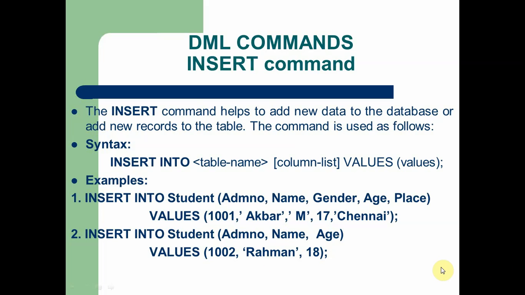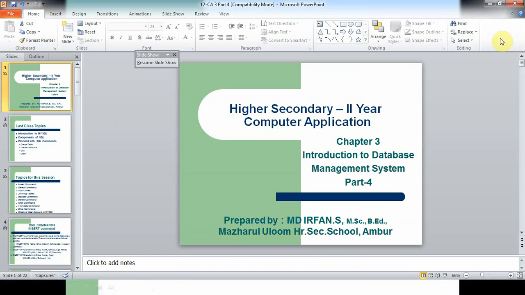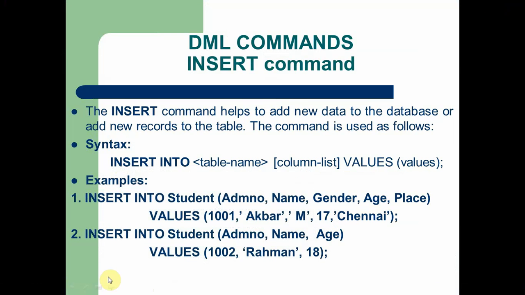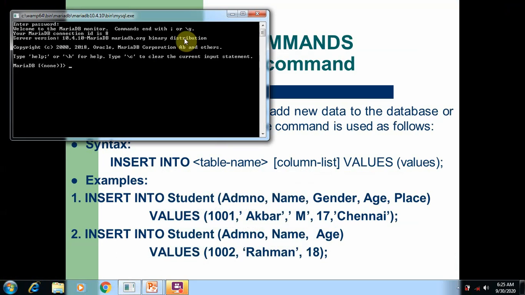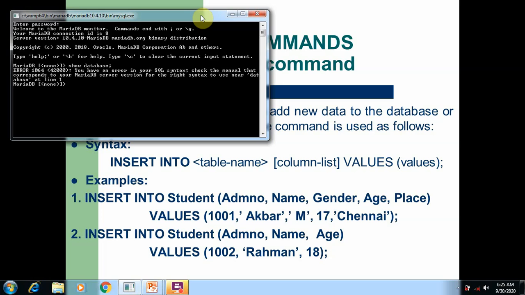So first open the MySQL. Here you can see the MySQL prompt. Now I am going to use the show command for displaying the different databases created by the user. Here you can see the list of databases.